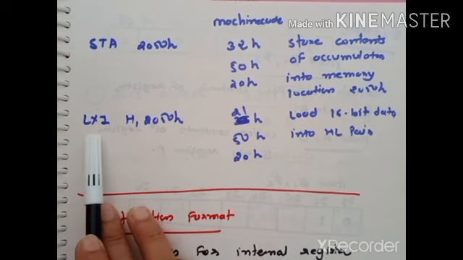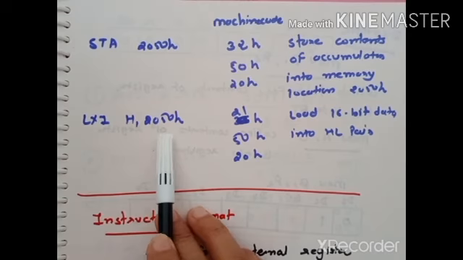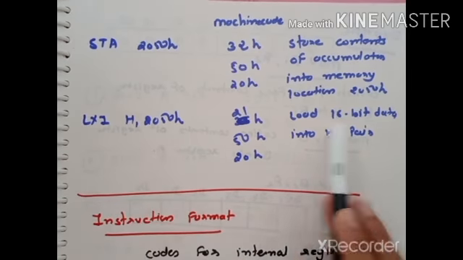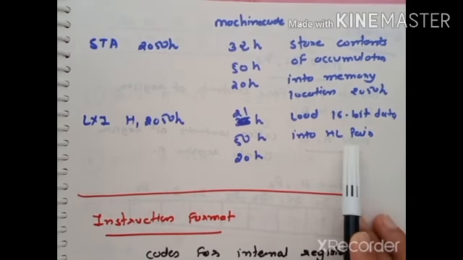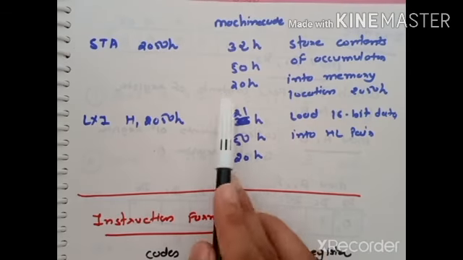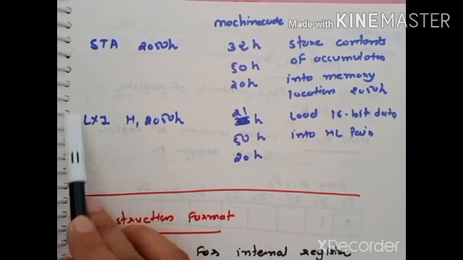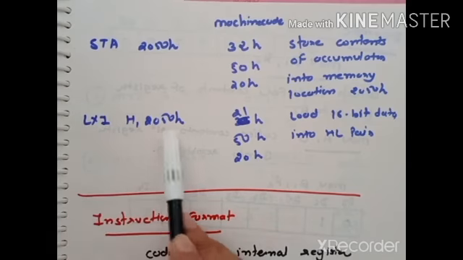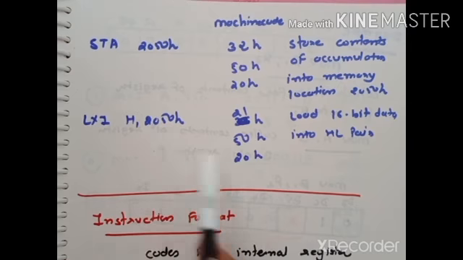Another example is LXI H,2050. This instruction loads 16-bit data into the HL pair. In this, first 21H. 21H is the hex code of LXI H. Then 50H and 20H, lower byte and higher byte.